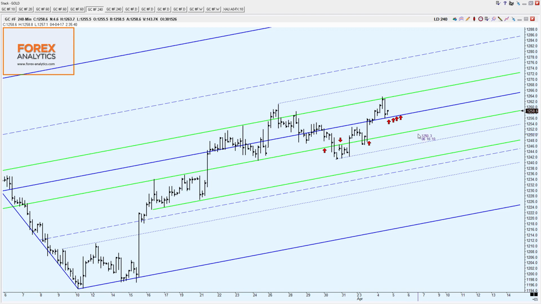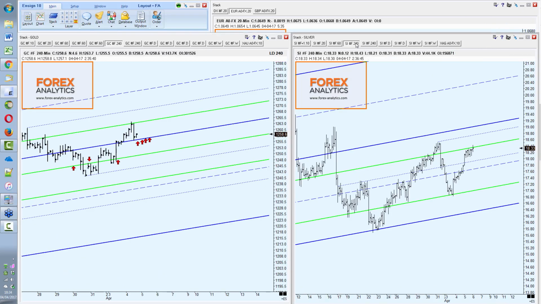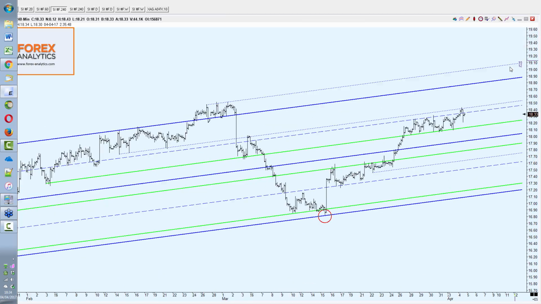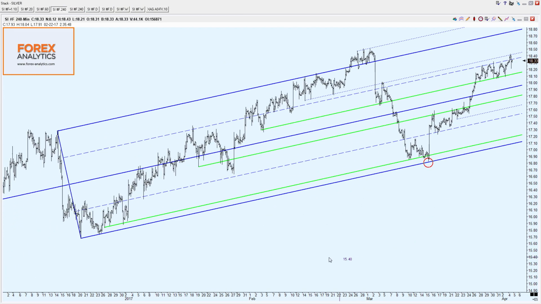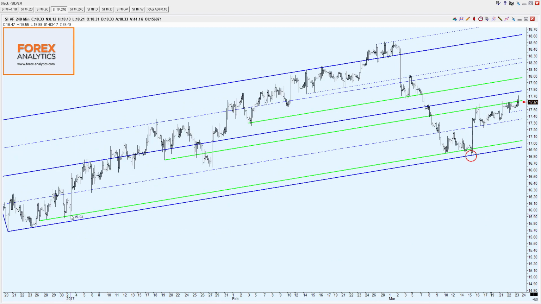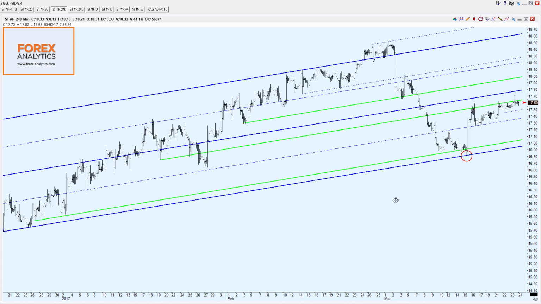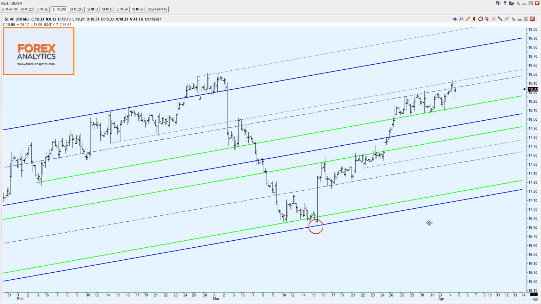Very, very simple. So let me just go over and show you the 240-minute on silver as well. I guess a lot of people have probably seen this, as it has been running for quite some time, going back to December level, ever since we got the support down here just above the lower parallel. I'm not going to go through all the details, but I want to show you the way that we were looking at resistance at the upper parallel here.